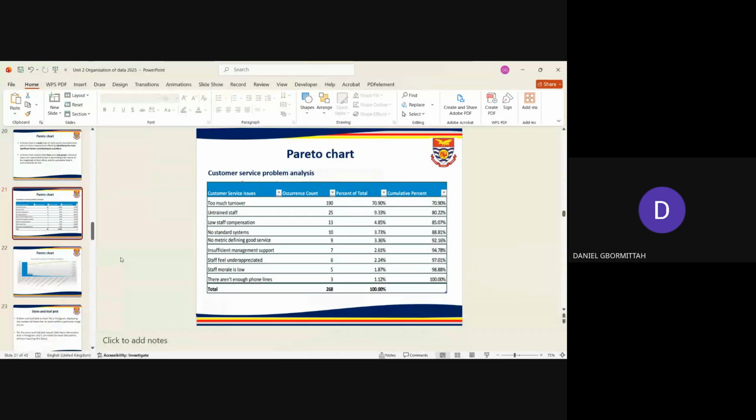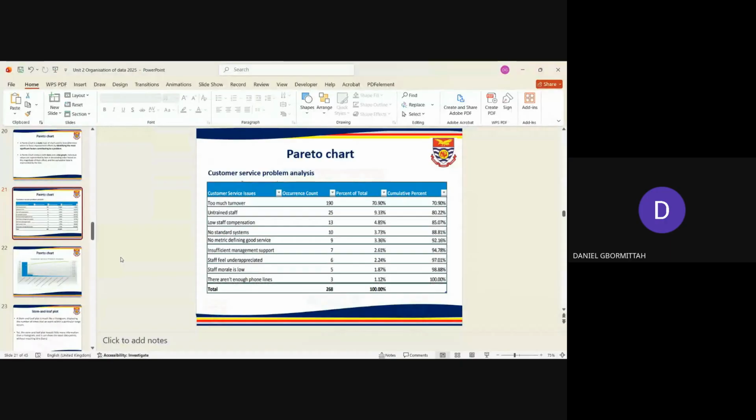Some of the problems they identified were related to untrained staff, and because of that, they were behaving the way they were, which might end up throwing some customers away. There was also low staff compensation. Some of the staff were not happy, and the service they were putting up showed it because of the compensation they were given.